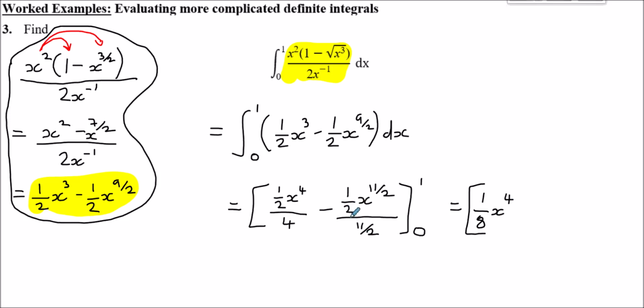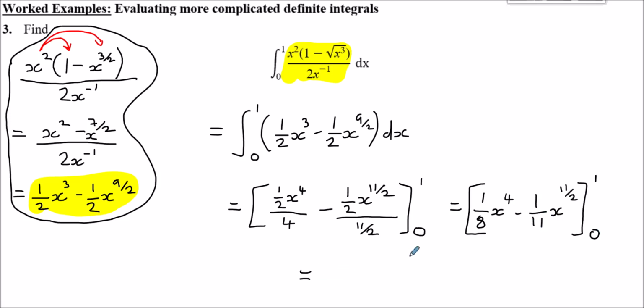If you're not sure, try it with a calculator, that's what I'd suggest you do in all instances. A half divided by 11/2, that's going to give us 1/11, but it's a minus, so minus 1/11 x to the 11/2. And we're doing this between 1 and 0.